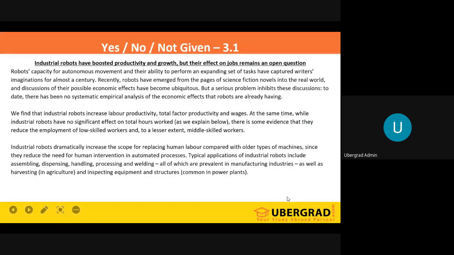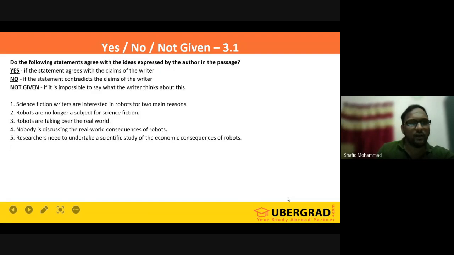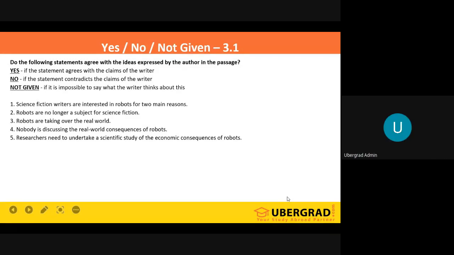Do you want me to tell you exactly how many votes have come for which one? Yes, ma'am. What is the first question? Science fiction writers are interested in robots for two main reasons. For that, we have received 20 votes for yes, 5 for no, and 16 for not given.